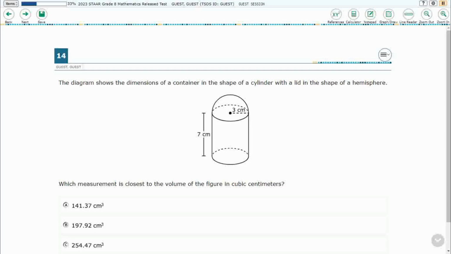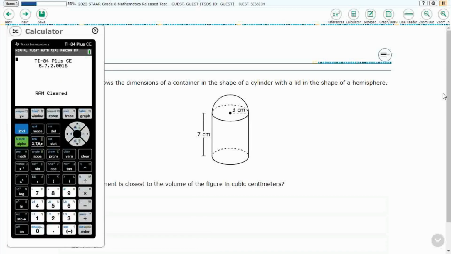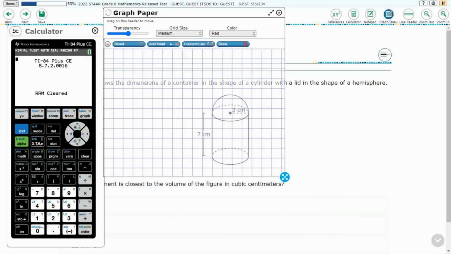We have a shape here for us, and we need to find the measurement closest to the volume of that shape. So first thing we need to do is we are going to need our calculator. Let's get that out. Lots of calculations happening, but we also need to go ahead and decompose that shape.